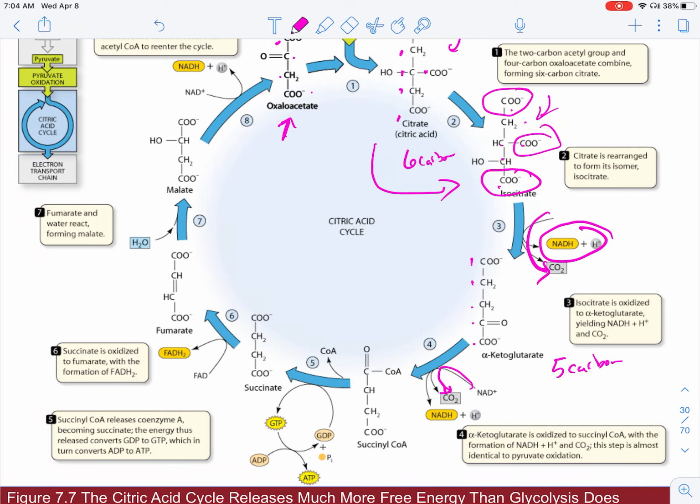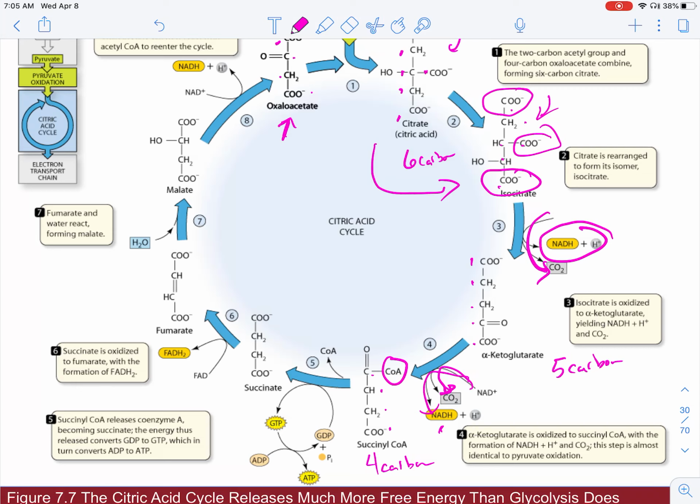So boom, lose a carbon dioxide, generate a reduced electron carrier NADH, and then you're left with a one, two, three, four carbon succinyl group that is reattached to a coenzyme A. So this is the same coenzyme A that we saw in the beginning of the cycle. I mean, not literally the same one, but the same structure of molecule.